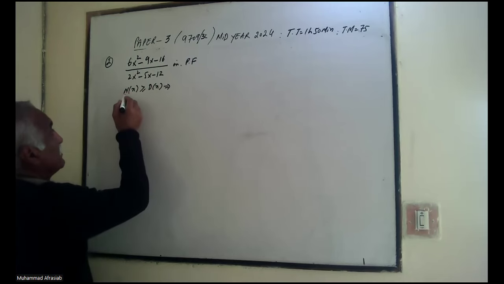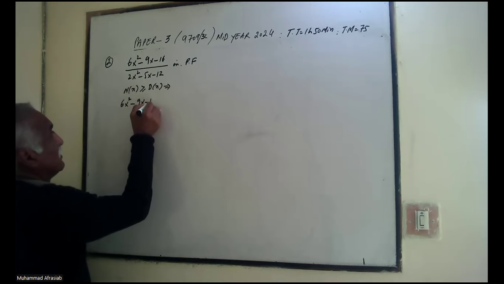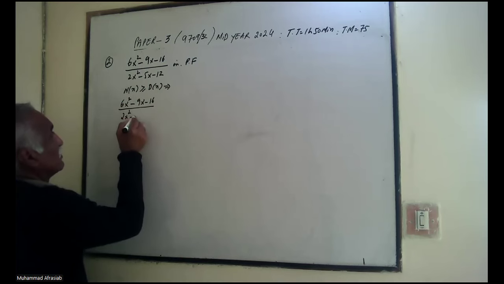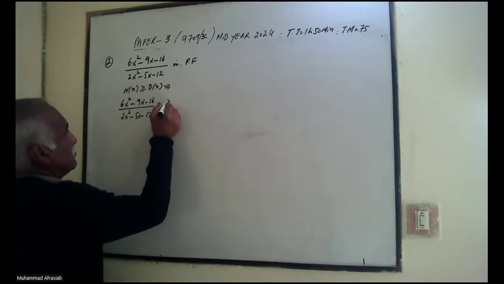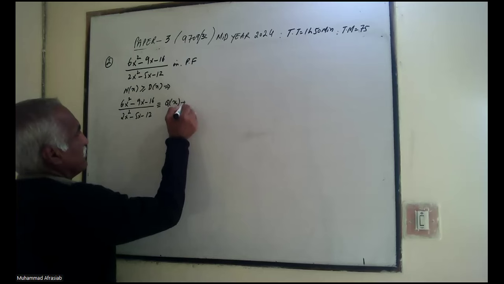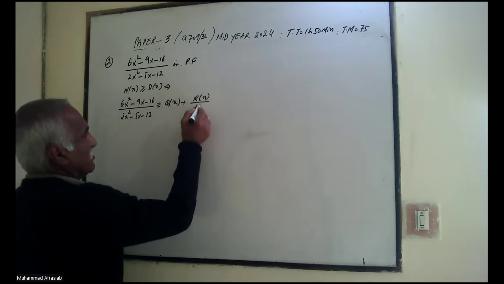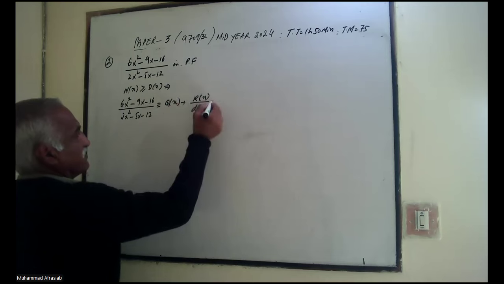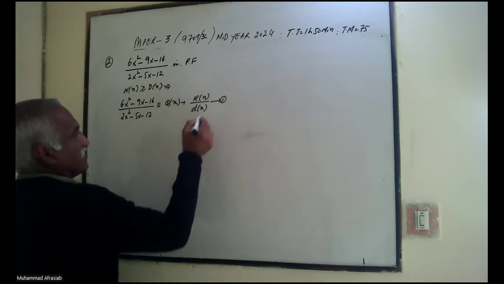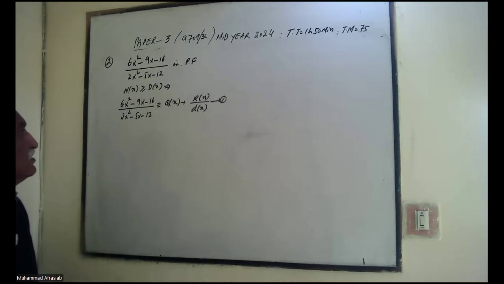Then this expression will become 6x squared minus 9x minus 16 divided by 2x squared minus 5x minus 12 is equal to quotient in terms of x plus remainder in terms of x over divisor in terms of x. Let's say it is equation number 1.